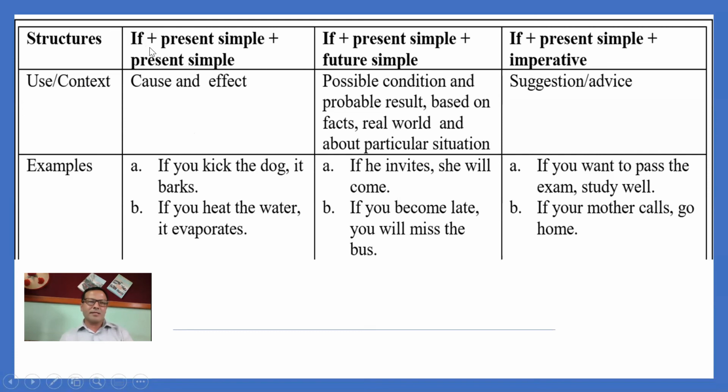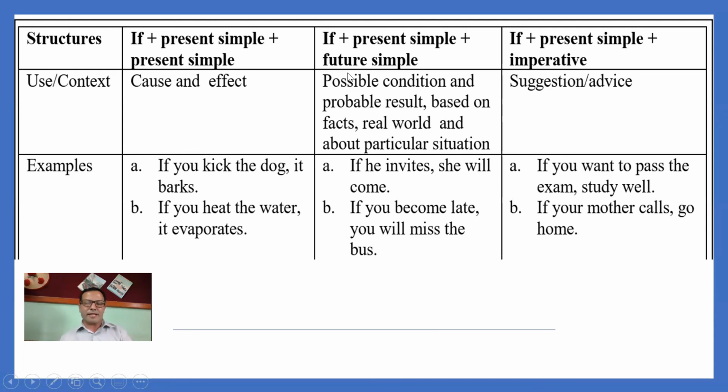The structure here is if plus present simple plus present simple. This is type 0, isn't it? In which both the clauses are in present simple tense. So it describes cause and effect. It talks about possible conditions and probable results based on facts, the real world, and about particular situations.